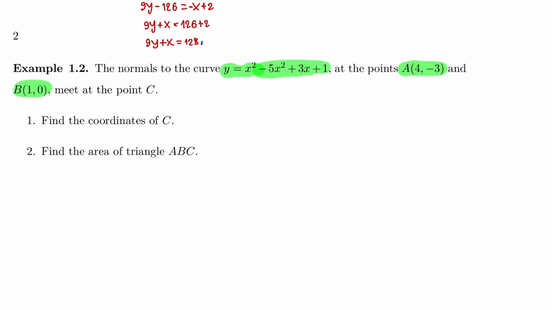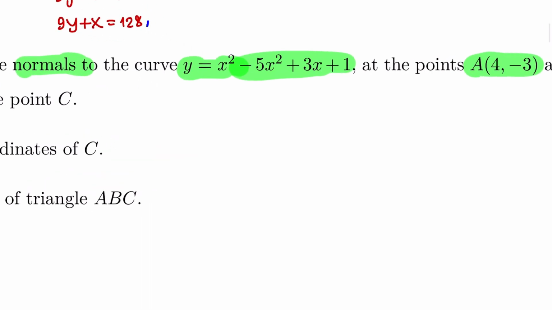The normal at point A and the normal at point B meet at point C. But I think we have a typo here, because this is x squared and minus 5x squared, so I have to change it into x cubed. This is x cubed.